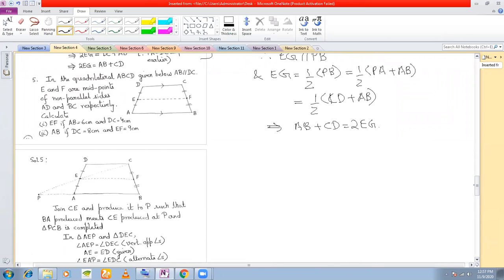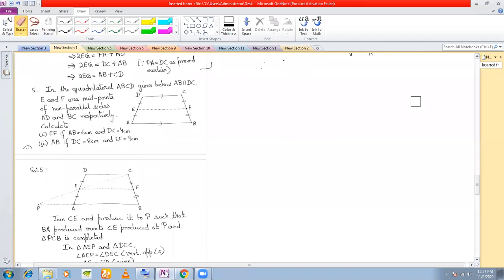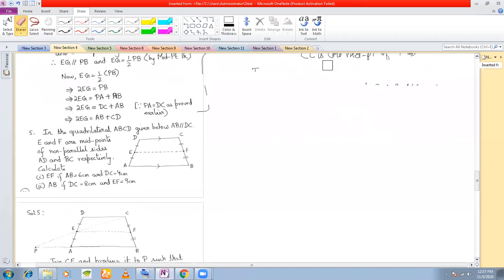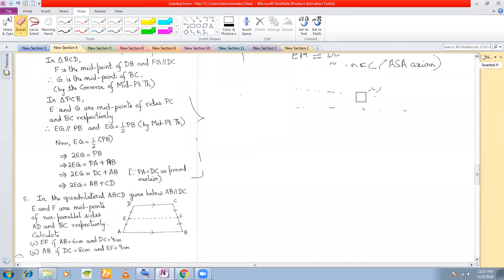Number 5. In this quadrilateral ABCD, it is given that AB and DC are parallel. What is different in this problem is that E and F both are given to be the midpoints of AD and BC, the non-parallel sides. Compare it with the last problem, where E and G both were given to be the midpoints.